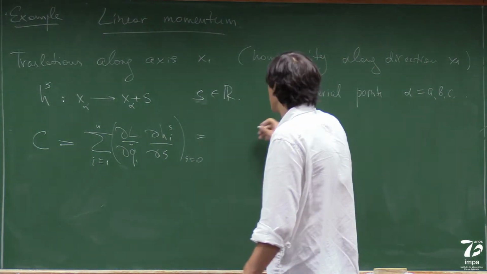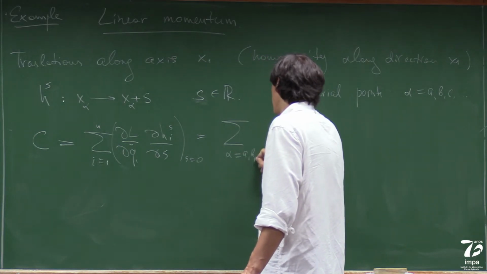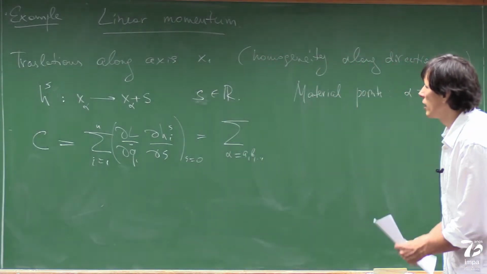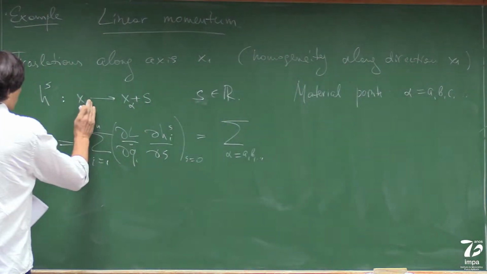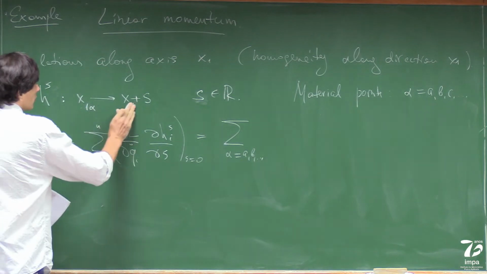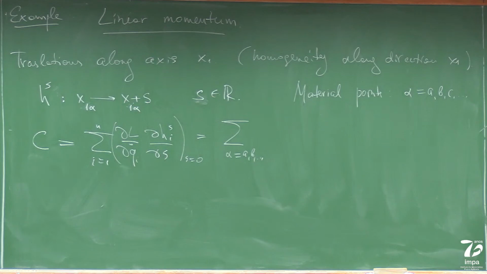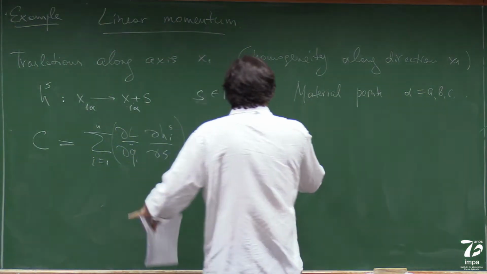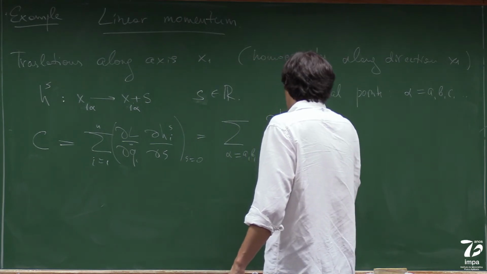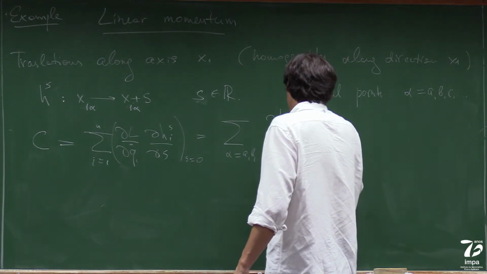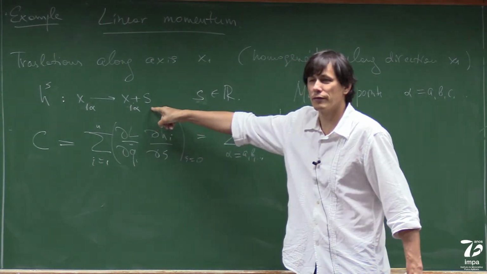So whenever we have material points, this is a sum over every point. And here we only change the first coordinate. So we only differentiate with respect to the first speed. And then this function with respect to s is 1.